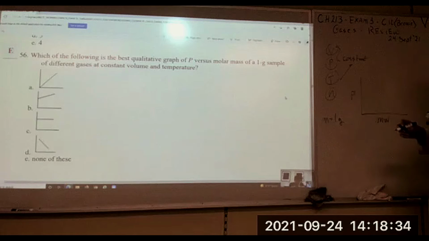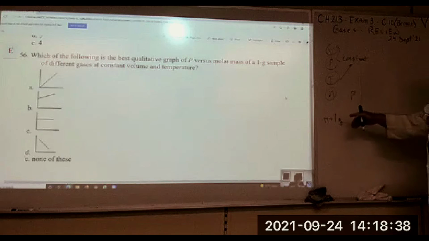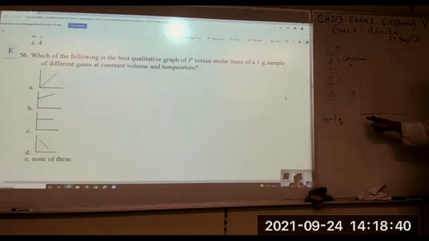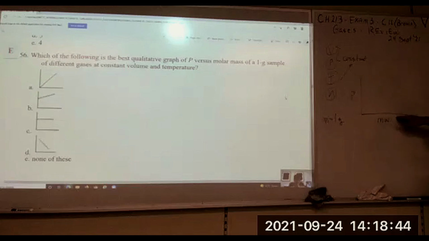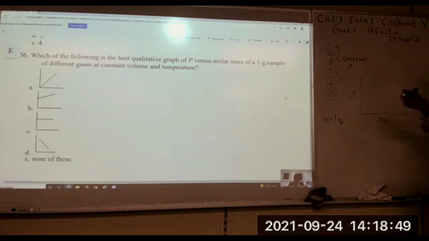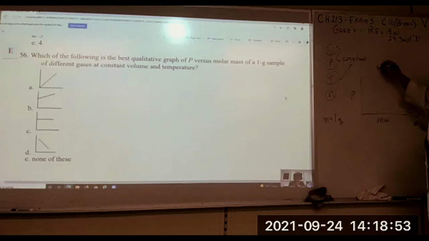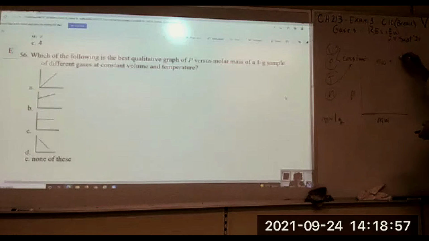Okay, did I lose anybody here? The size of the sample is the same. The variable is the molecular weight. So we're going to increase the molar mass of the gas. And it's 1 gram. So look at it this way. How do we determine molar mass? Molar mass, I write molecular weight, is mass per unit mole, correct?